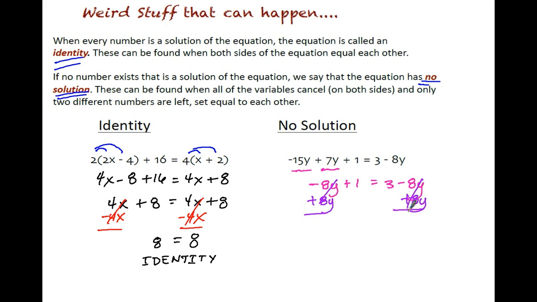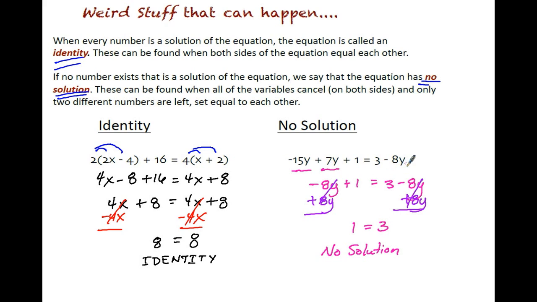Again, the y's are going to cancel on both sides, so we end up with 1 equal to 3. When the numbers are different, that means it's called a no solution. Okay? A no solution means that none of the numbers, not the 1 nor the 3 or any other number, would work to make these two equations the same.